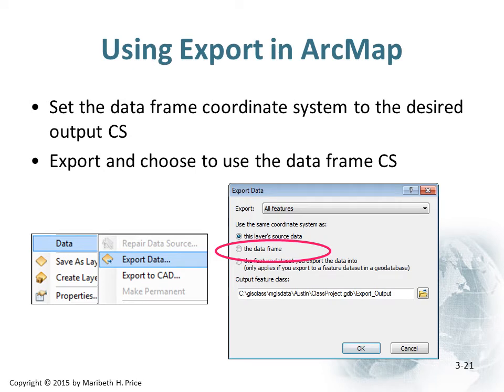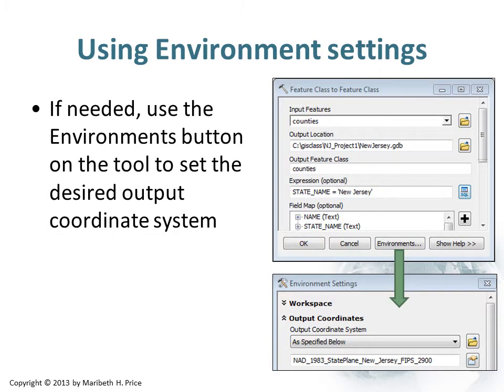There's also a bunch of shortcuts. You can export data, take data that's already there, click on it to export it, and you can do all the features or only the selected features, and then you can tell it what coordinate system to use: the same as the layer, the same as the data frame, or you can select something else. And so this is another means of creating a new file with a different projected coordinate system, or a different coordinate system, period.